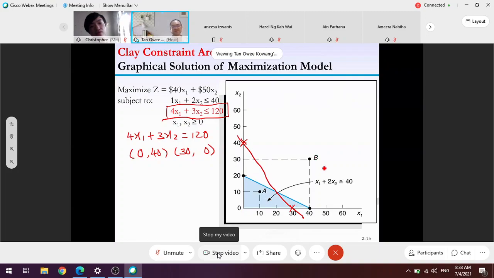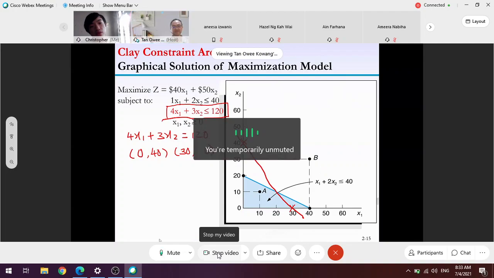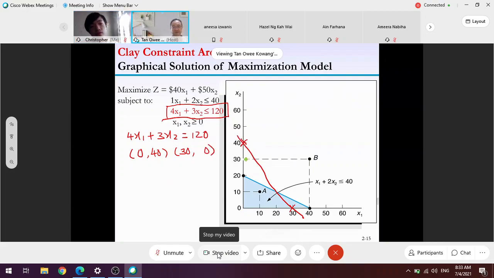A or B? A again, it's the same thing, A. So this is the feasible area, the one in green. The one in green is the feasible area for constraint number 2.